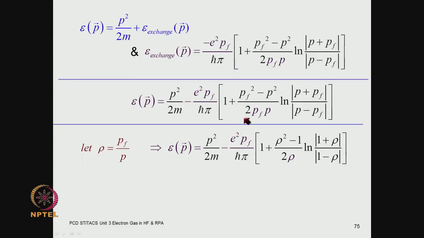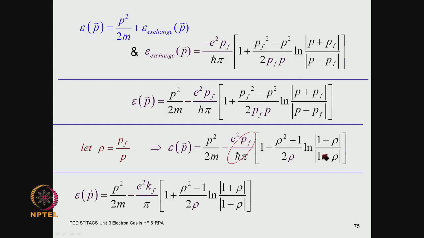So, there is nothing new with this except that it is being written in terms of the ratio rather than p and pf. Okay. So, you get rho square minus rho over here, and here inside you will get 1 plus rho and 1 minus rho.